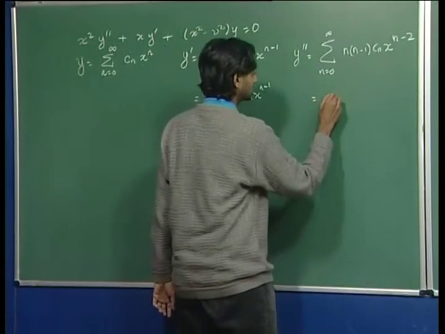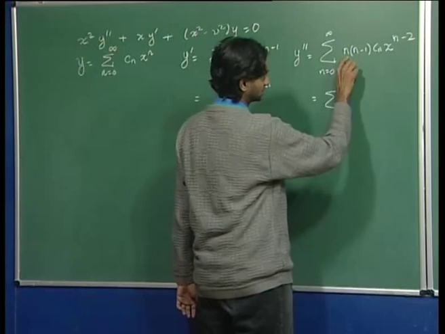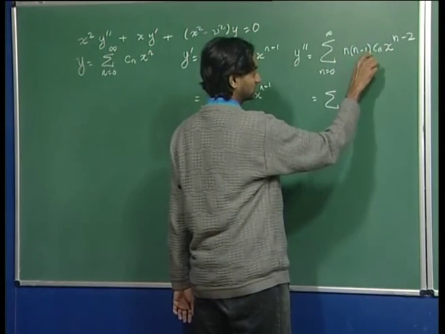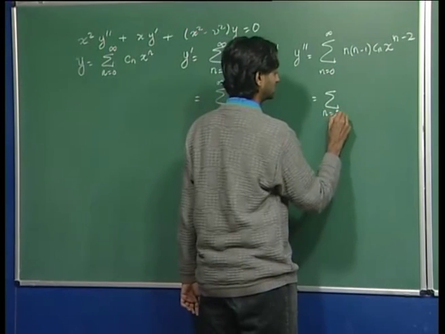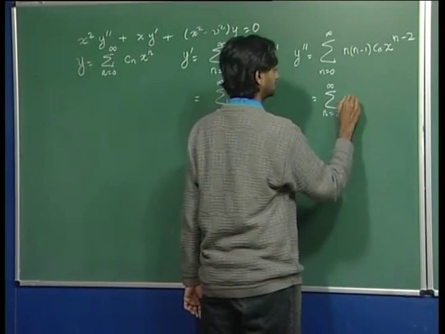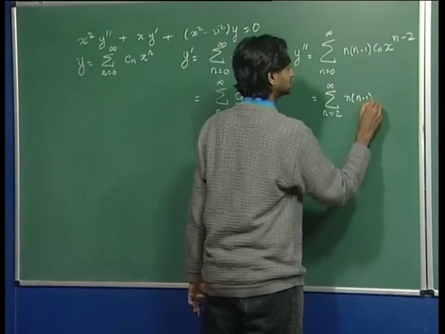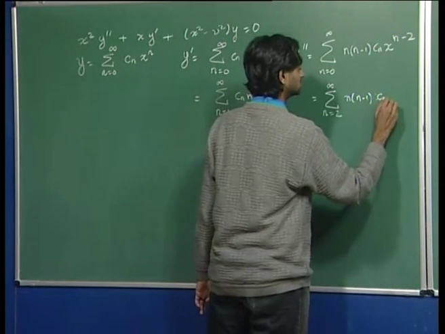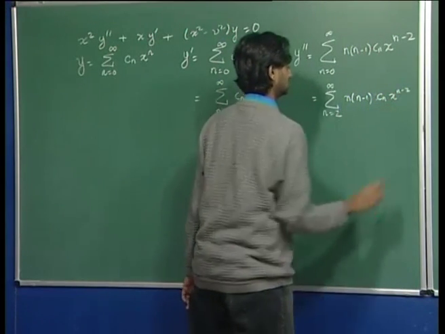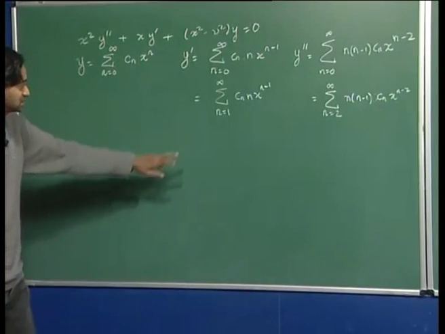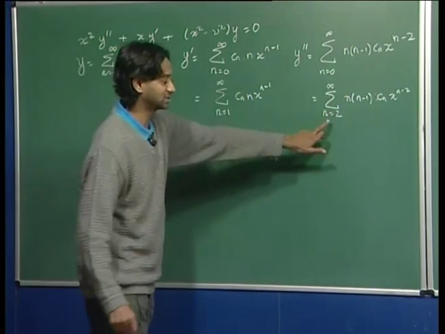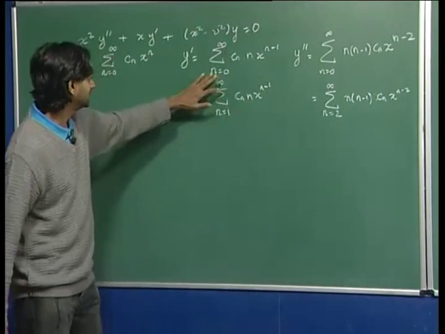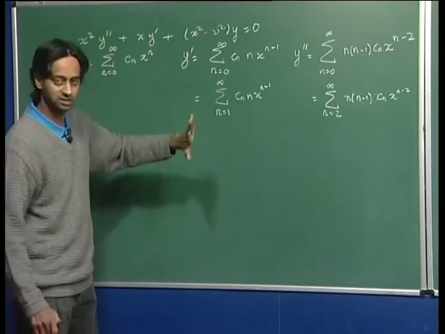Similarly, in this case, the term with n equal to 0 is 0, n equal to 1, then n minus 1 is 0. So, the first two terms are 0. So, this is identically equal to the sum from n equal to 2 to infinity. In some books they will write this from n equal to 1 to infinity, and this from n equal to 2 to infinity, but even if you write n equal to 0 to infinity, there is no harm done.